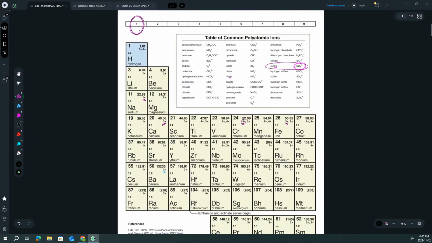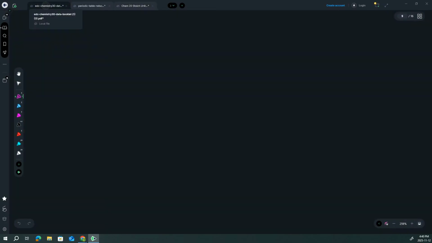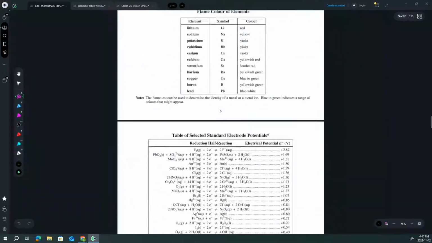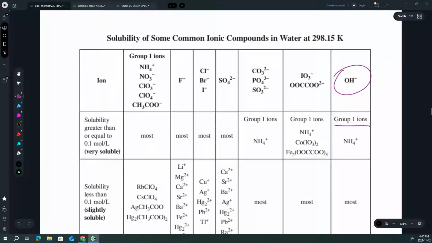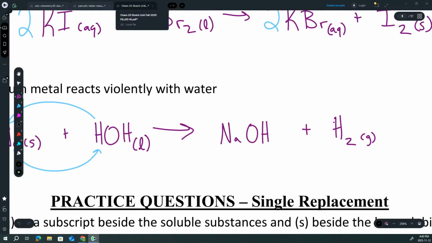So it includes everything in this column here, which, guess what? Sodium is in the first column, so that's why it's a group 1 ion. So if I go back to our solubility table, it did say that hydroxide with anything from group 1 is going to be very soluble, or in other words, it's aqueous.